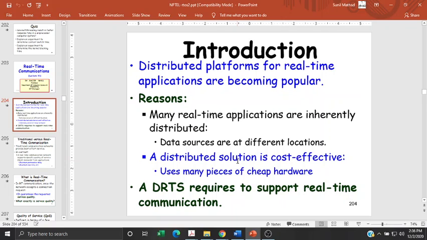It is cost effective, because bringing everything onto a tabletop or into one room may not be feasible or possible. And even if you are able to do it, the maintainability of such a system is at stake.